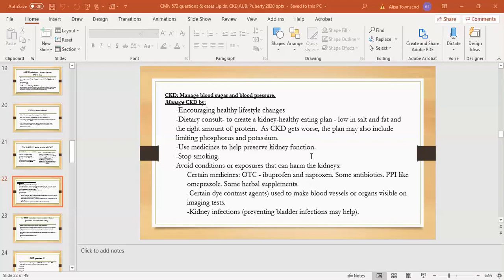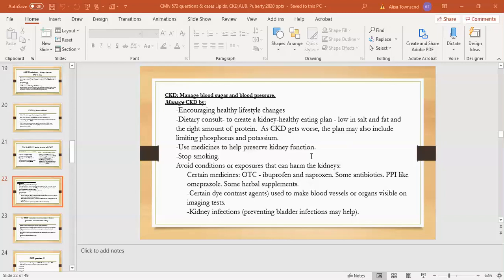I do want to say a little bit about diet, because you don't always have a wonderful dietitian that you can refer the person to. If you're out in the country or somewhere in a more rural, remote area, you may have to be doing some of that. With protein, you don't want them to be malnourished, but as the kidney disease advances, you want to limit that protein to 0.6 to 0.8 grams per kilogram.